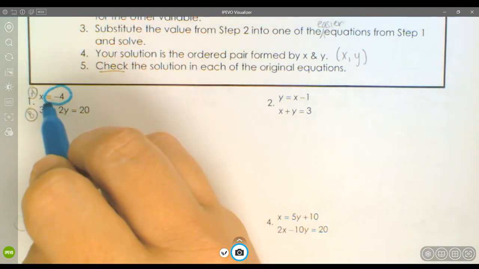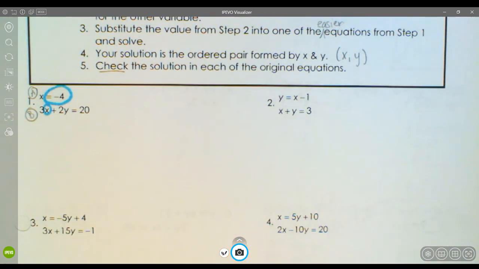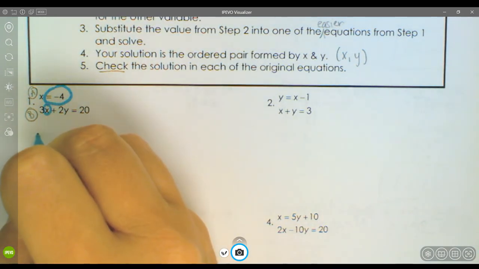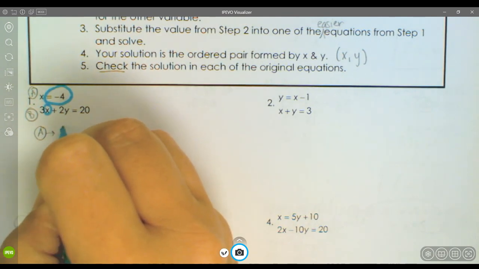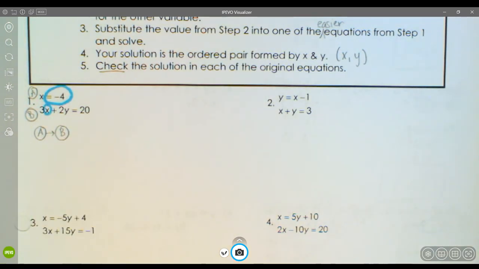So that means I'm going to take all that information and substitute it into the second equation. And I want to show that step. So I'm going to use some shorthand where I'm basically saying I will take the information in equation A and I will substitute it into equation B.